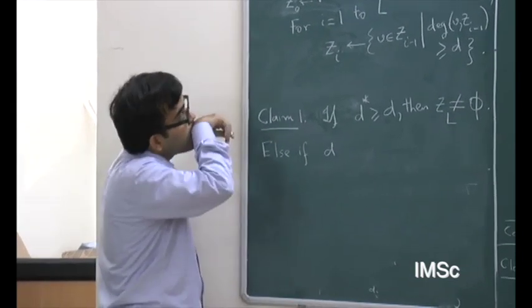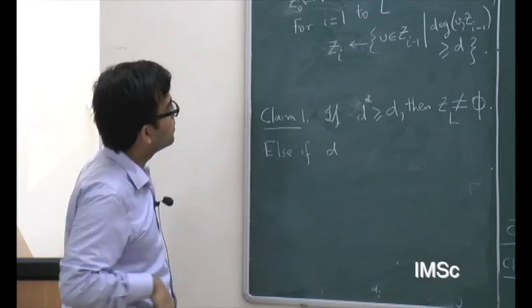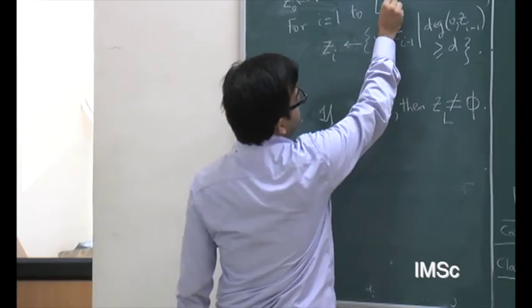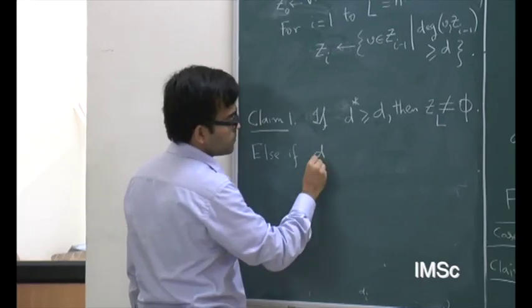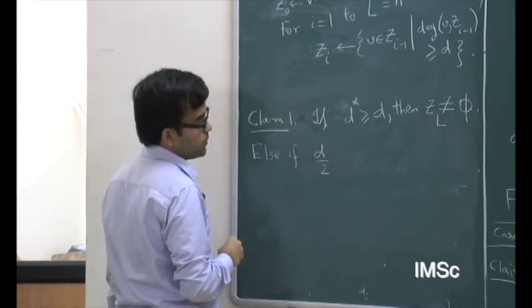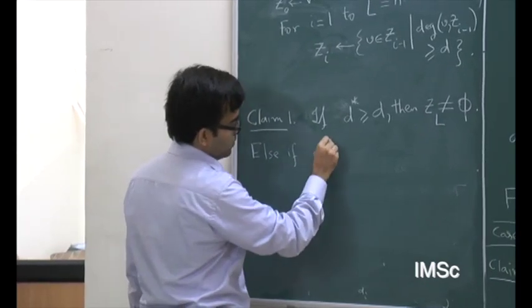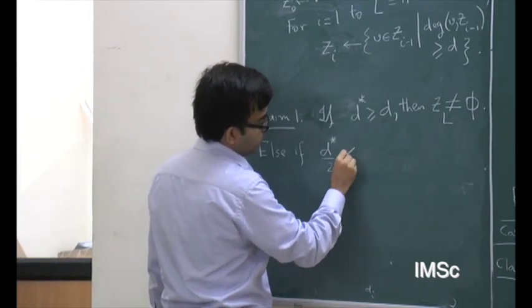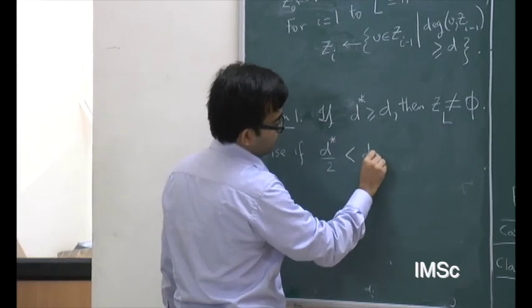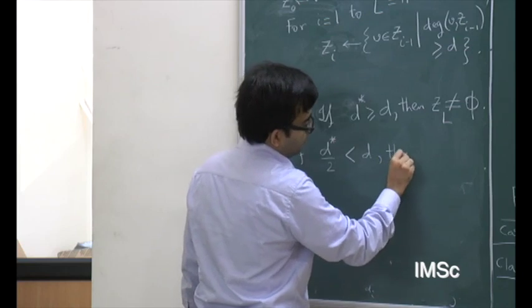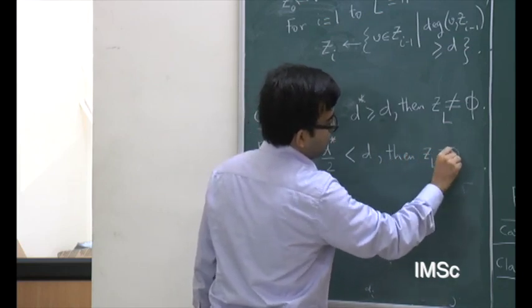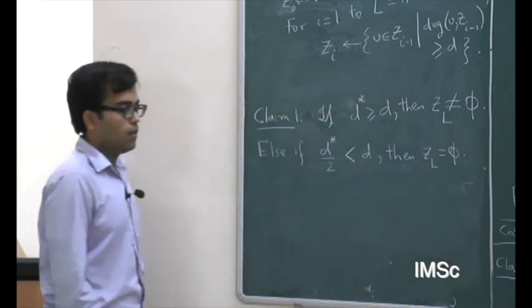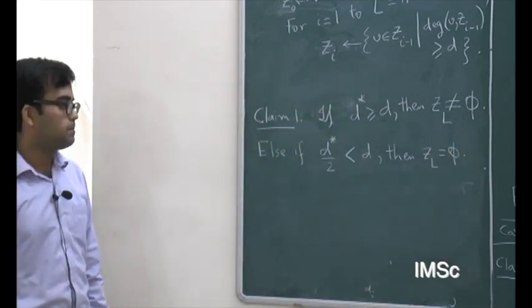Okay? And the other claim is, for the time being, suppose L equal to n. Okay? Else if D star over 2 is strictly less than D, can you see why this is going to happen?